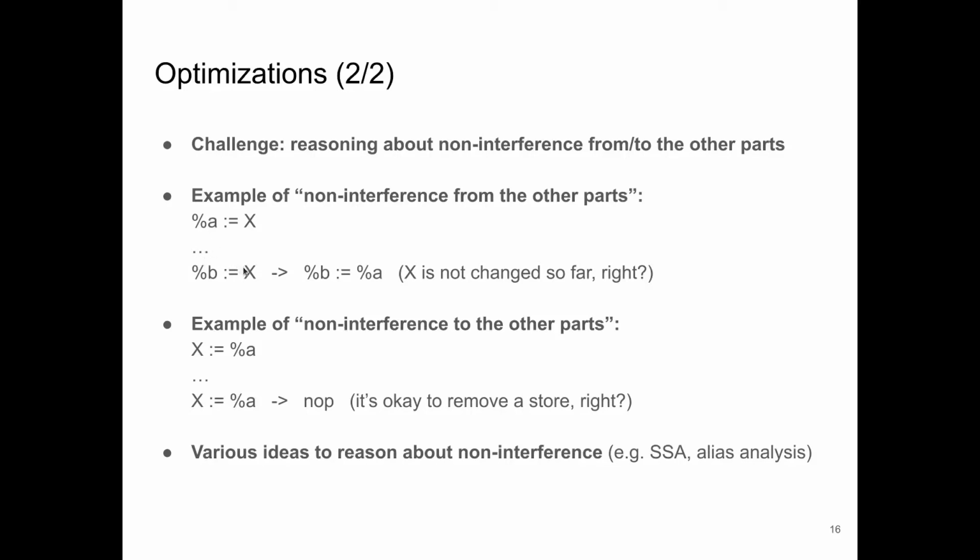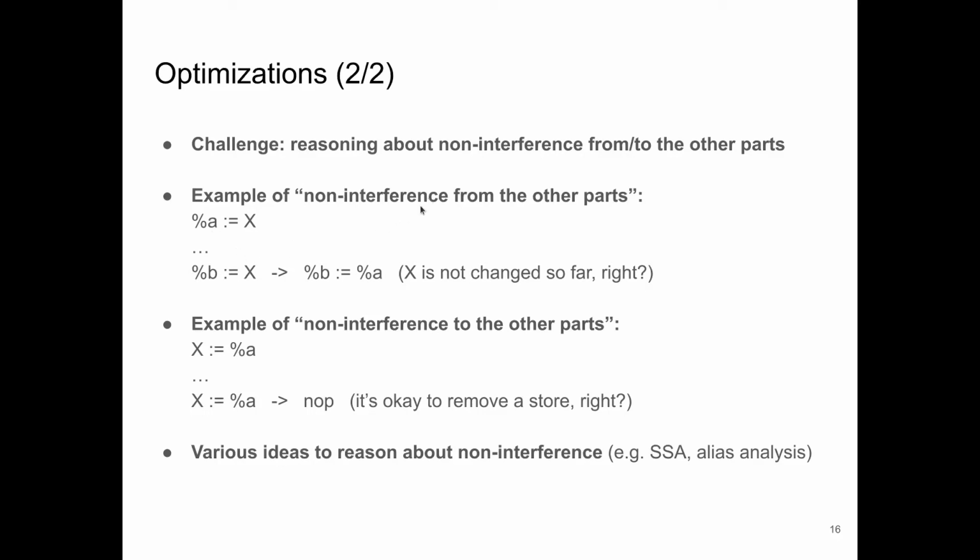And again, it is reading the memory location X and assigning the value of X to the register B. We can see that we are reading the same memory location twice from X.